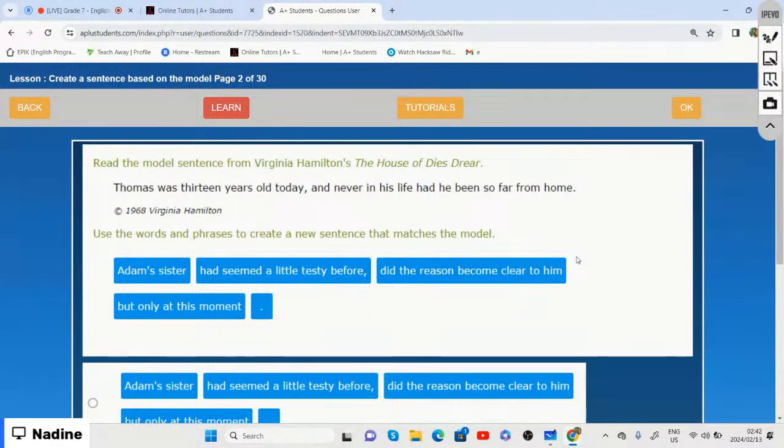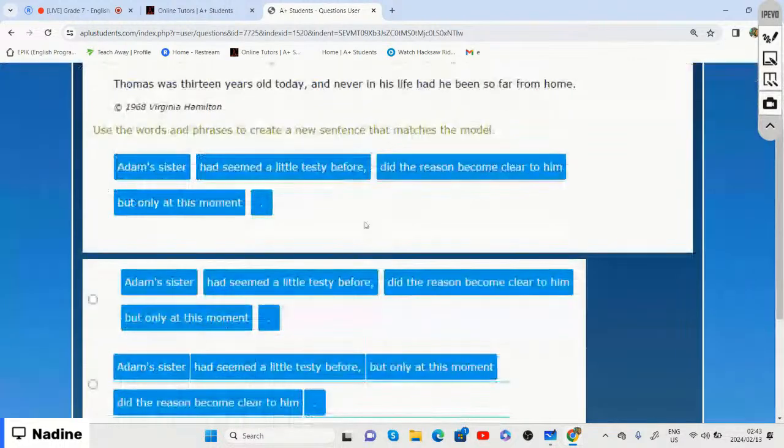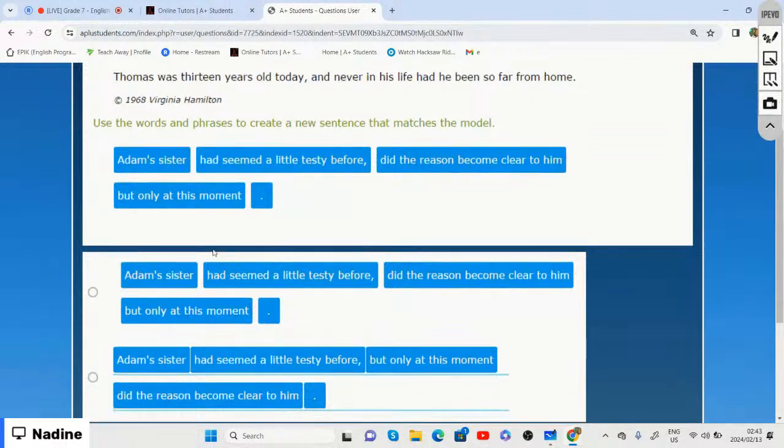And our new sentence, right? If we create the new sentence and also put the blue strips in order, then we can start by saying Adam's sister had seemed a little tasty before, but only at the moment did the reason become clear to him. All right.